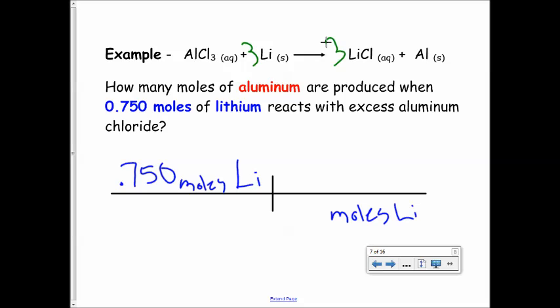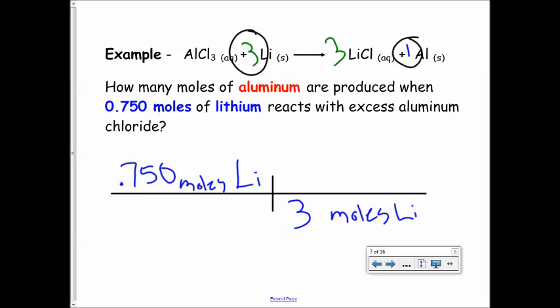So we can write that in. Well, what is my ratio? I want to go from lithium to aluminum. Well, what's my ratio of lithium to aluminum? Here, look at that. I have a 3-to-1 ratio. Realistically, again, this means that there's a 1 here. So I have a 3-to-1 ratio. So we're just going to write that in.